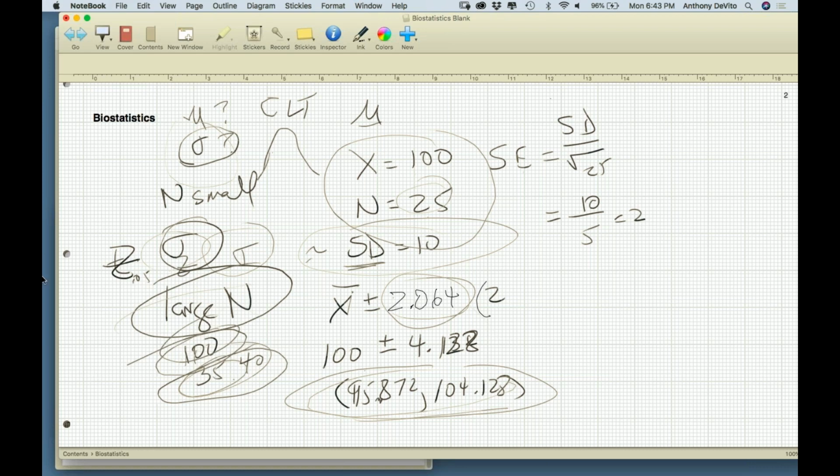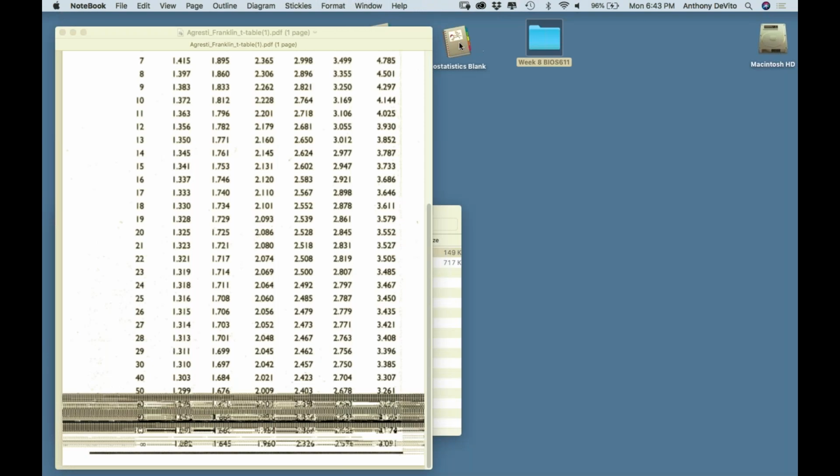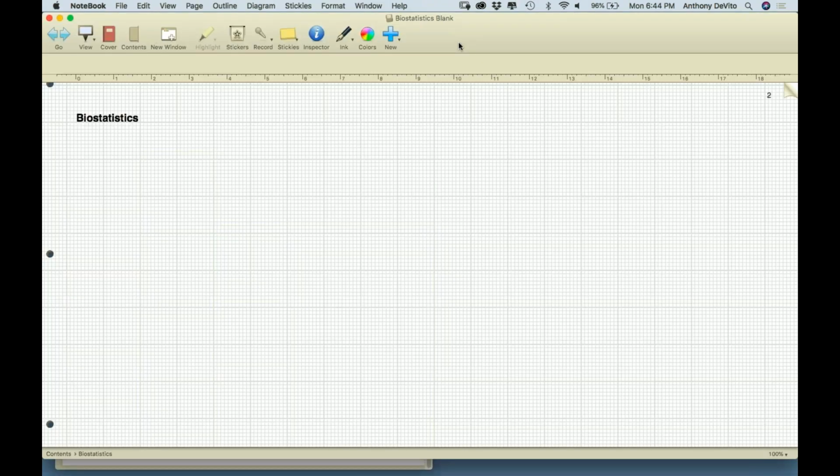Okay, so now let's take a look at another way that we might examine this. I'm going to get away from the figs and pick something else. Let's look at blood pressures.